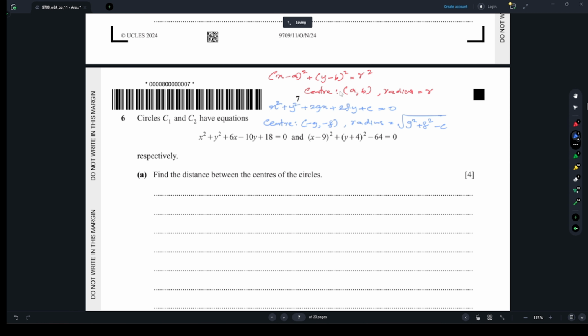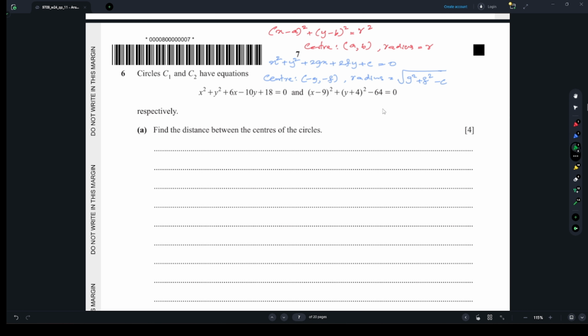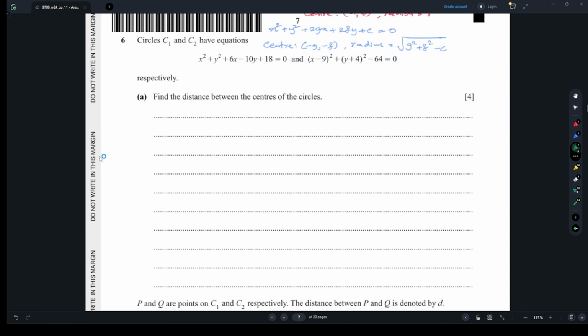So you have to remember those. With that, we can first find the center and the radius of these two.